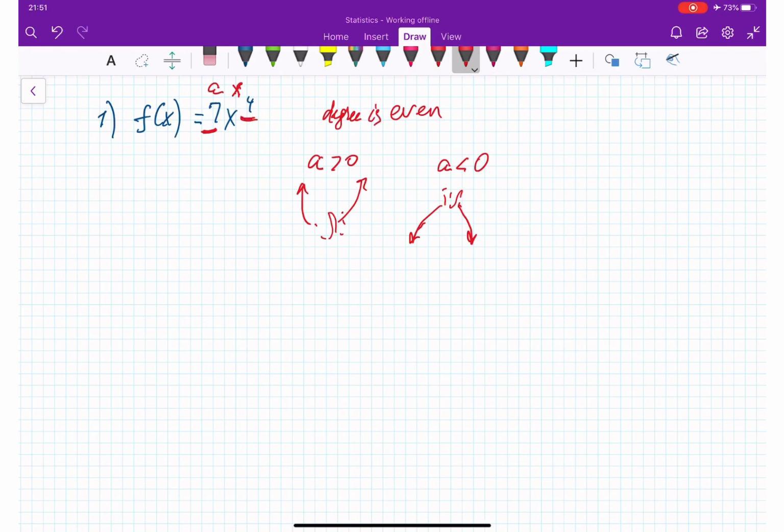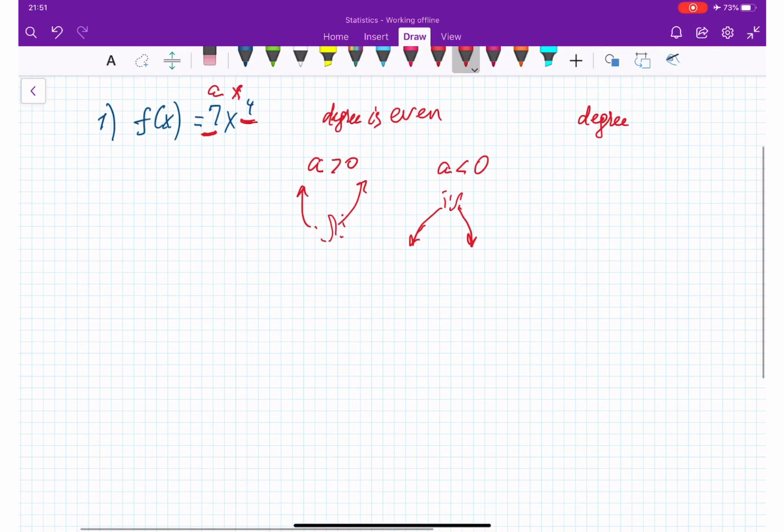What if the degree is odd? Then when the coefficient is positive, the graph is increasing.